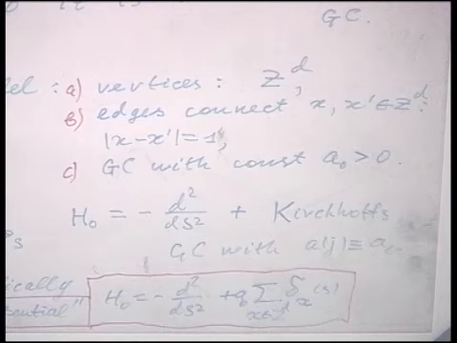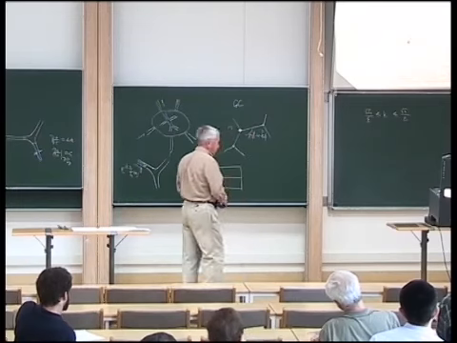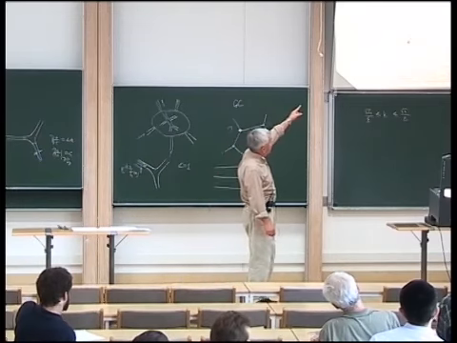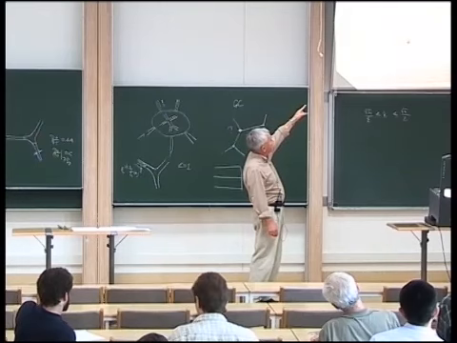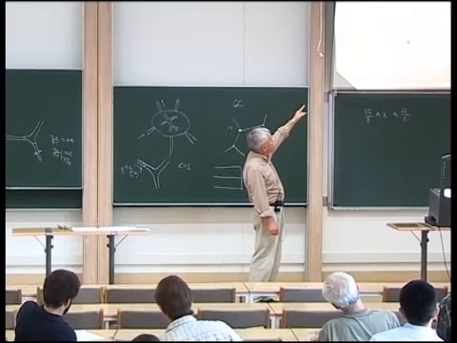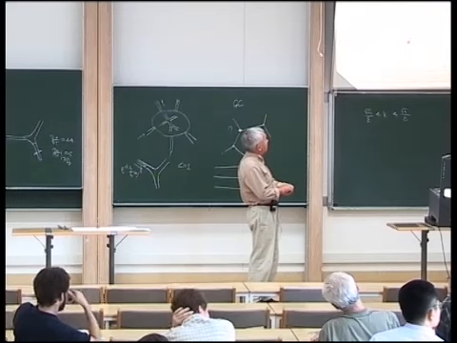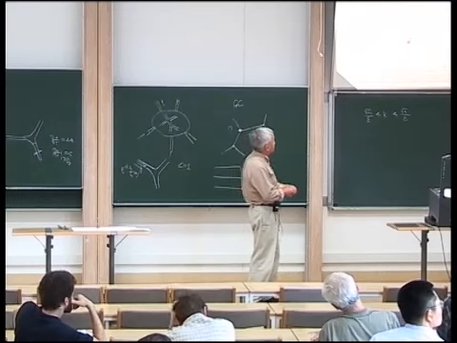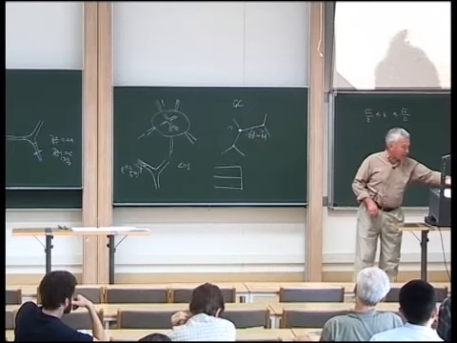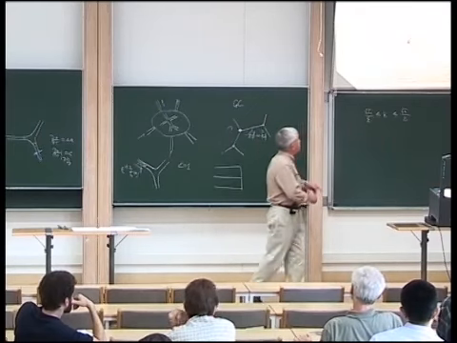And these Kirchhoff gluing conditions are written above. This is the sum of the derivatives with respect to, no, 2d. It's not d, it must be 2d, because there are 2d directions. Sorry.